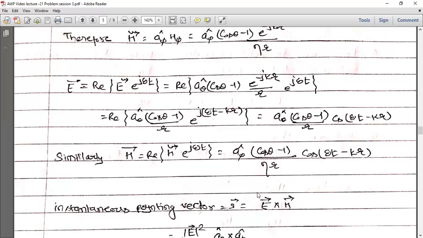Keep this in mind. This is the power density at that particular point when E and H are given.